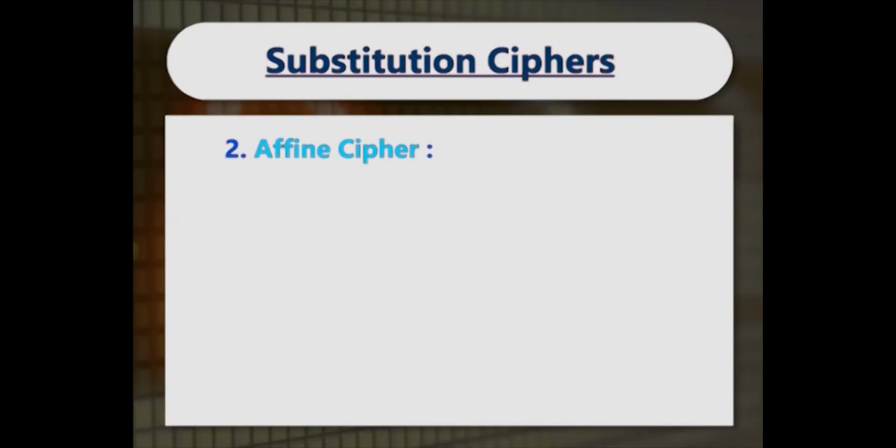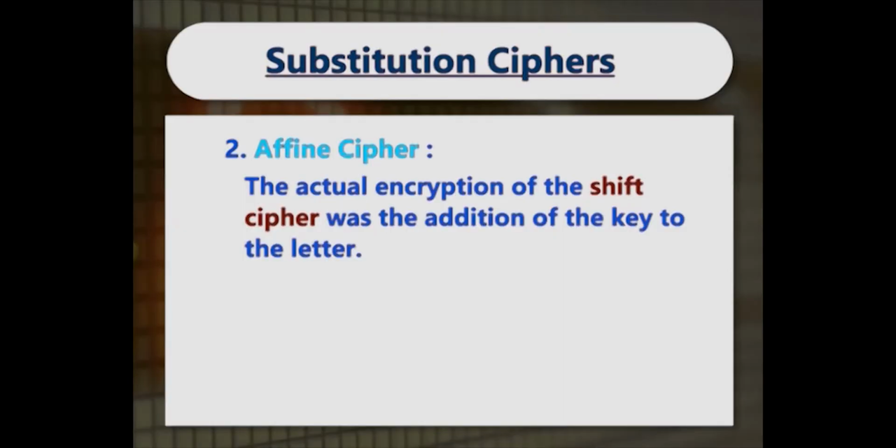The next cipher is the affine cipher. As we have already seen, there are some problems associated with the use of the Caesar or shift cipher. Now, we try to improve the shift cipher by generalizing the encryption function. If you recall, the actual encryption of the shift cipher was the addition of the key to the letter.